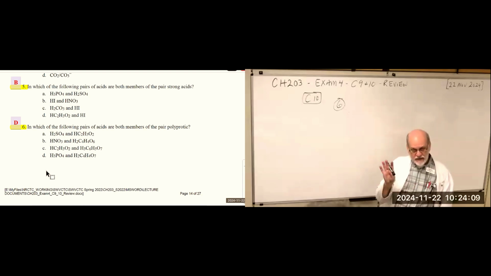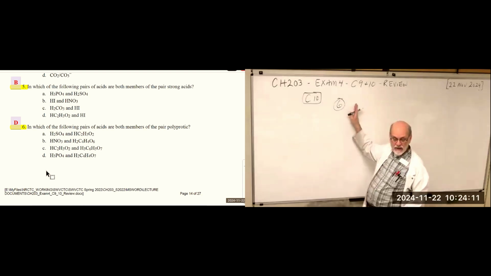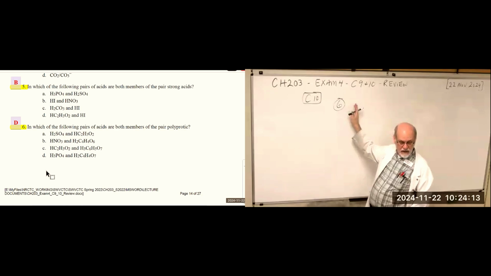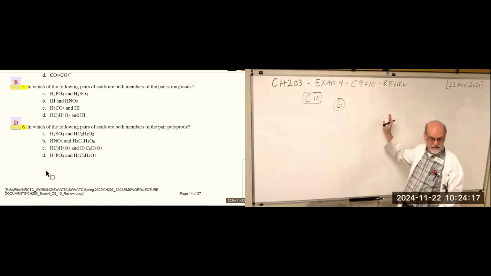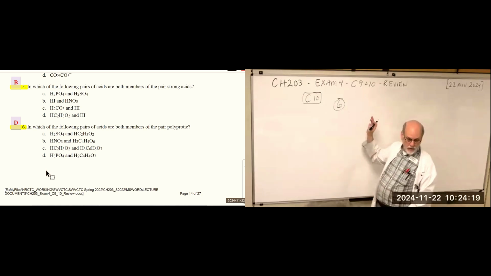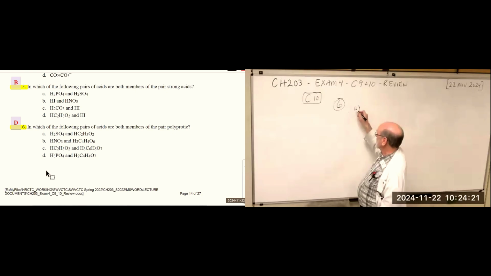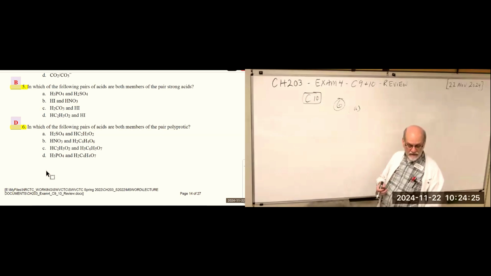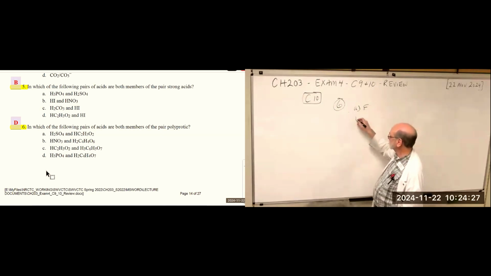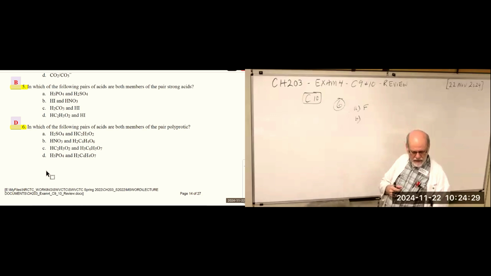So that means you have to have 2 at the very beginning of the molecule. All the other hydrogens in the other parts of the molecule are not available. So A, sulfuric acid is polyprotic. Acetic acid is not. Nitric acid is monoprotic. So it doesn't matter what the other one is.